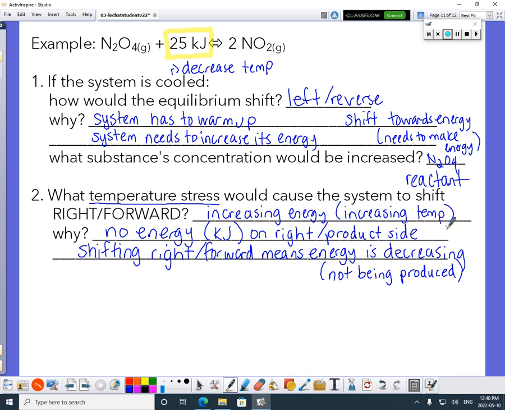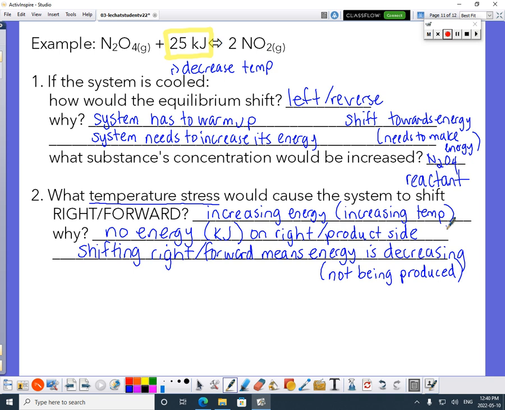So again, in this kind of question, go the other way. So increasing, and check your work, increasing the energy, the system would have to shift away from the energy, which is forward.